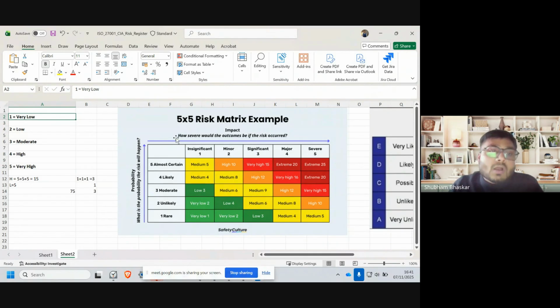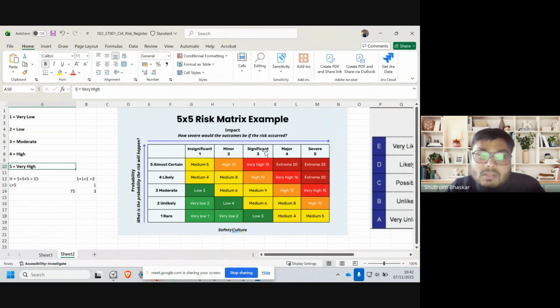So how are they interconnected? As you know, I have given 1 as very low, 2 low, 3 moderate, 4 high, 5 very high. So let's say there is a risk. Its likelihood is moderate, but the impact is significant. Again, it's a play of words; you can take whatever, I just didn't find the exact one.